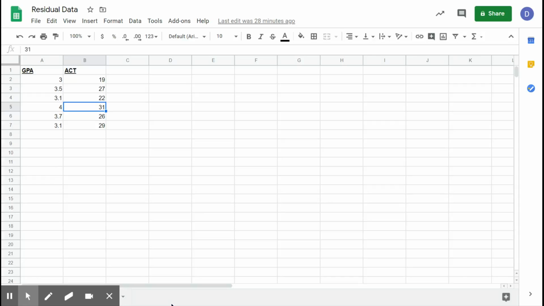So actual equals 19. Our predicted is going to be plugging that in there. So we plug 3 into our equation. So that's 7.75 times 3 minus 0.68, which is 22.